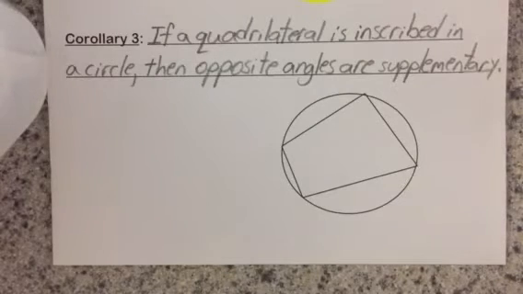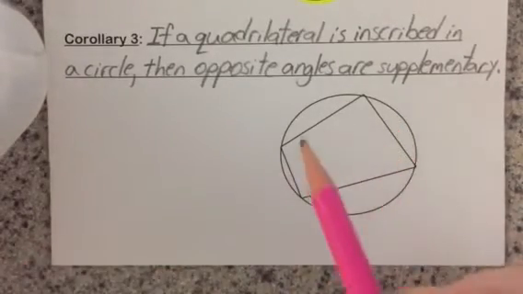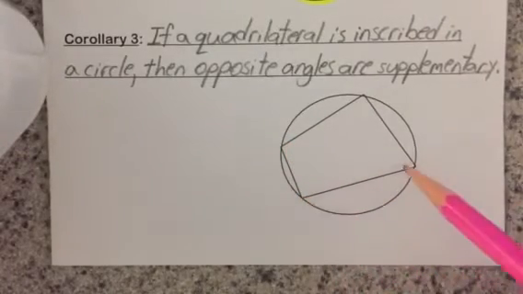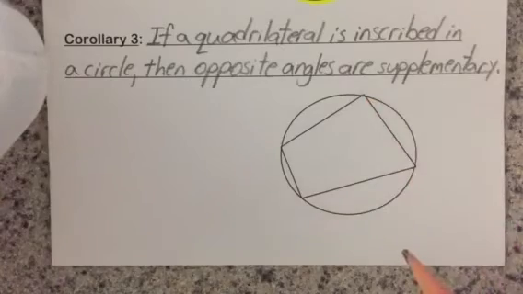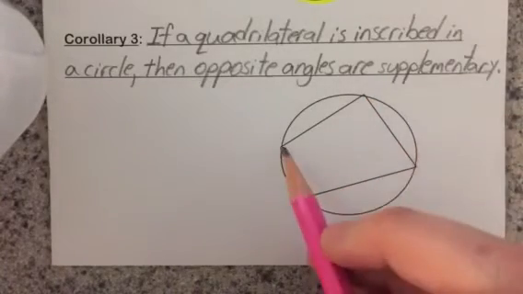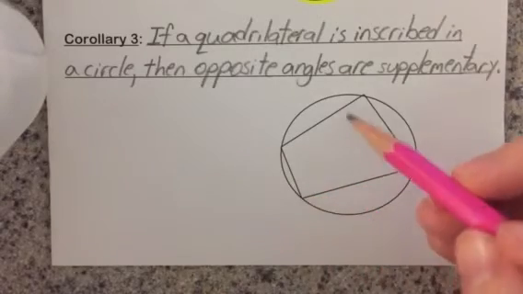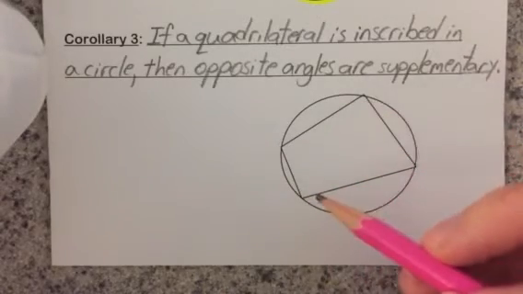Always, always. This is another one that you could figure out. So what it's saying is we've got a quadrilateral inscribed in the circle. When it says inscribed, that just means that all 4 of its vertices are on the circle. So that means opposite angles here are always going to be supplementary, and these ones are always going to be supplementary.